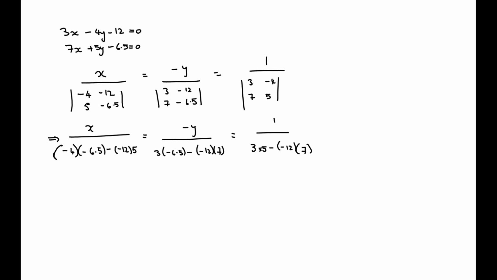So then we have that X over 86, after some number crunching, equals -y over 64.5 equals 1 over 43.